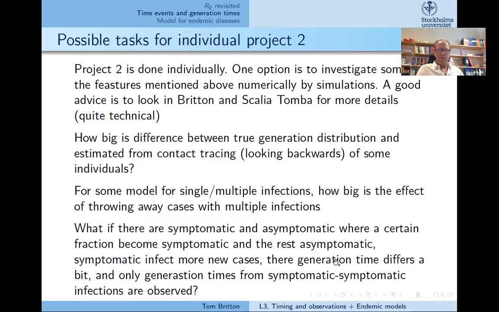Maybe their generation time differs, and then you collect data from the symptomatic to symptomatic infections, and from that you try to estimate the generation time distribution, and you would like to compare that with the true mean generation time distribution. Sorry for the typos here. So that is one possibility for doing different types of home assignments relating to generation time.